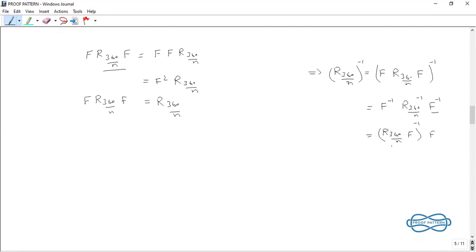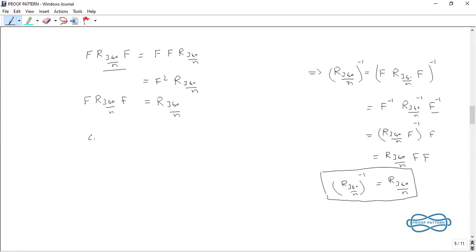So also we know that the product of rotation and reflection is again a reflection, so its inverse is itself, and here we get f square, which is also the identity. So if we see, we actually get a contradiction, because this is a rotation and it is its own inverse every time, which is not possible.